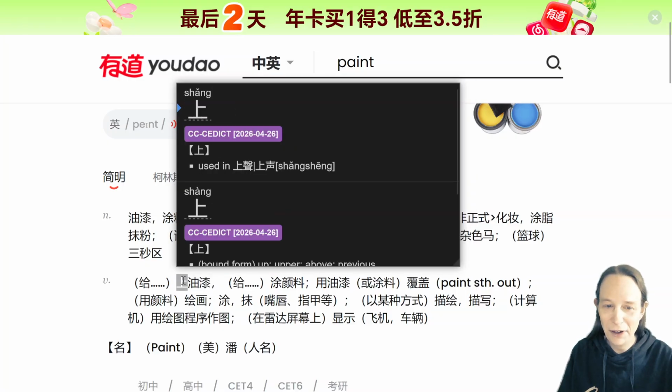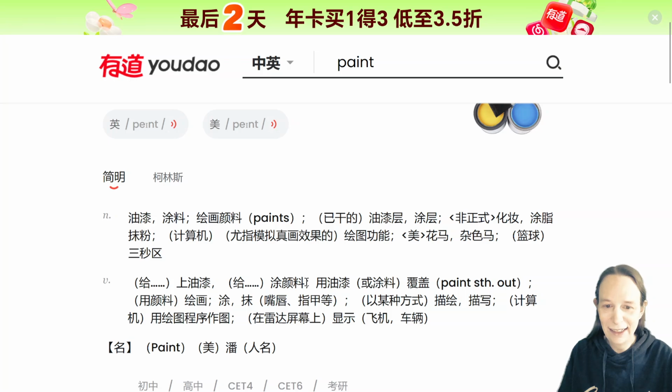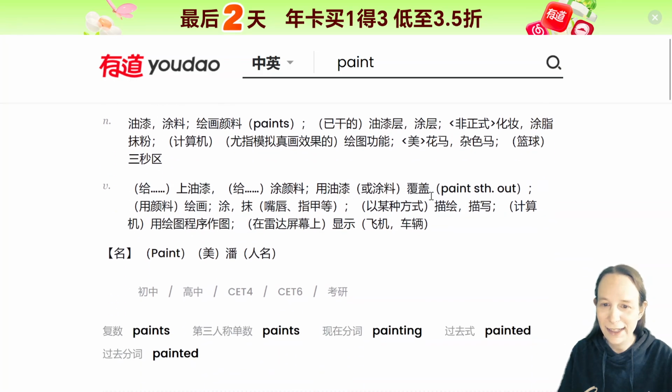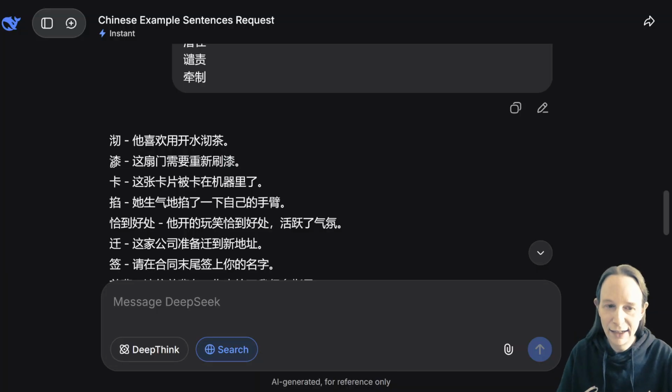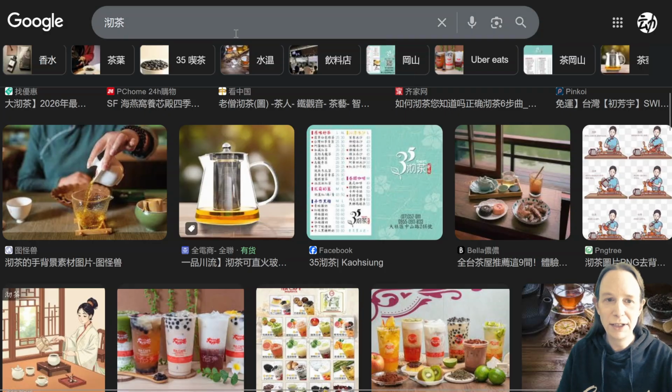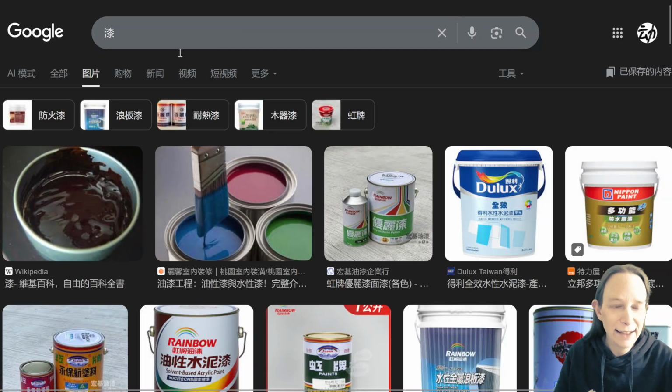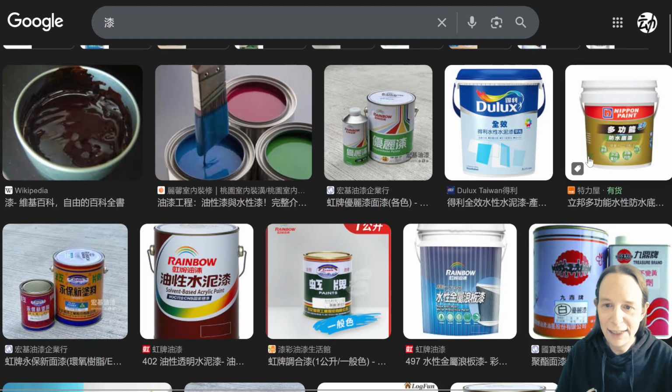Okay, so this is a verb 上. Okay, 用油漆, use it. Yeah, 涂染料. Yeah, all right. 漆, paint, lacquer. So 刷漆. So maybe we can put it in Google image search as well. So this is a noun. Yeah, 漆. Okay, so it's just paint.